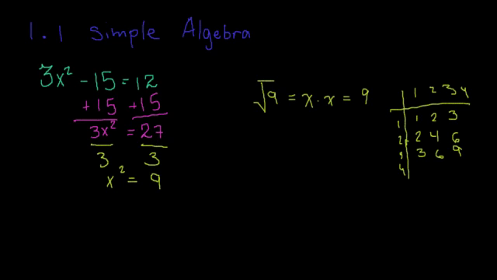So we're trying to find a number that if multiplied by itself equals 9, and here it is. It's 3. So that means that the square root of 9 is equal to 3.